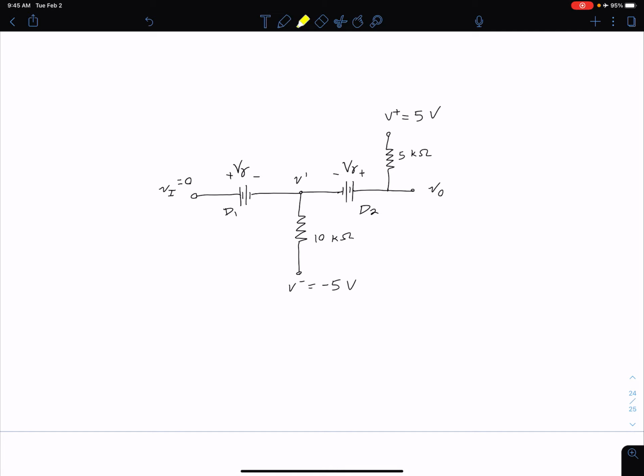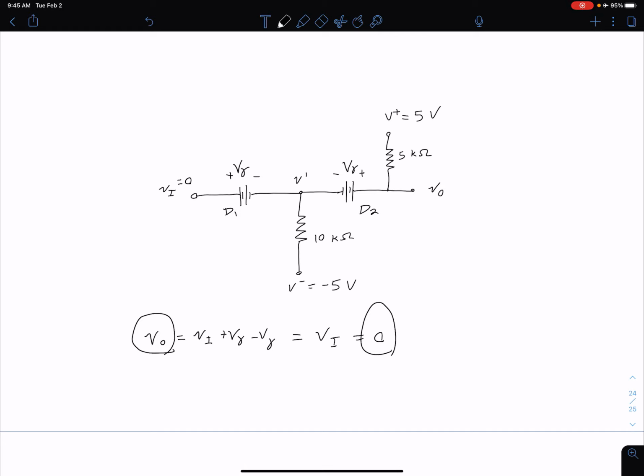We have 0, then we subtract V gamma to get to V prime, and add V gamma to get to V naught. So essentially V out is equal to V in. V out is equal to VI plus V gamma minus V gamma, so it's just equal to VI, which in this case is 0. That's one part of our solution.